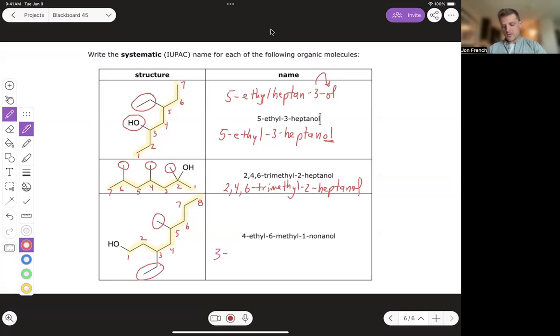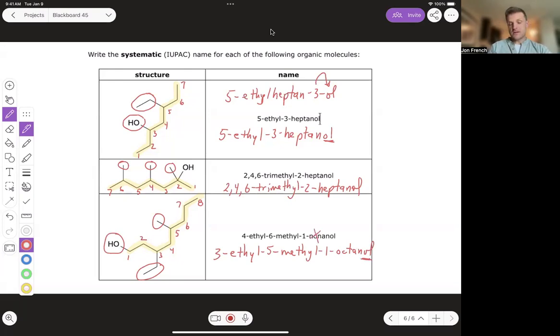So we would say 3-ethyl, 5-methyl. And then our alcohol is on the first carbon, so we would just say 1-octanol.